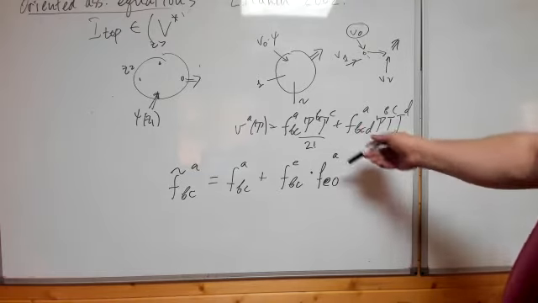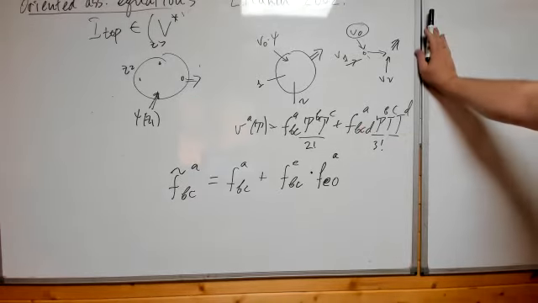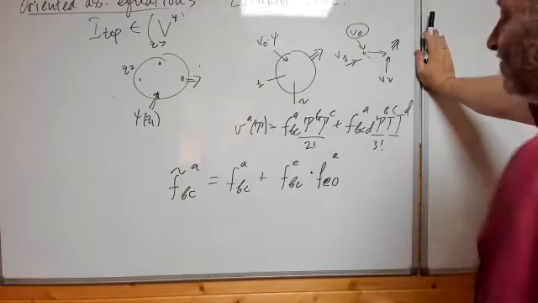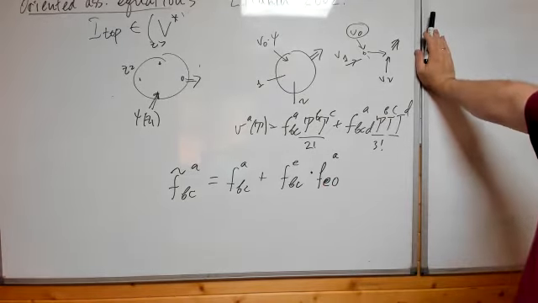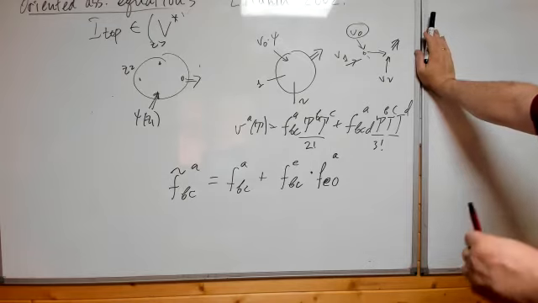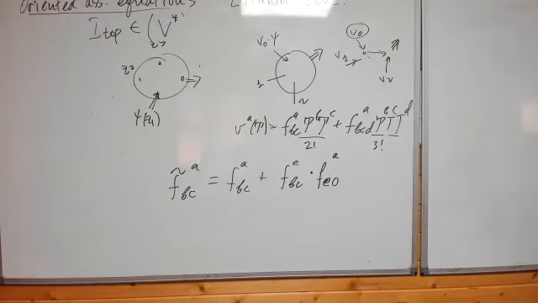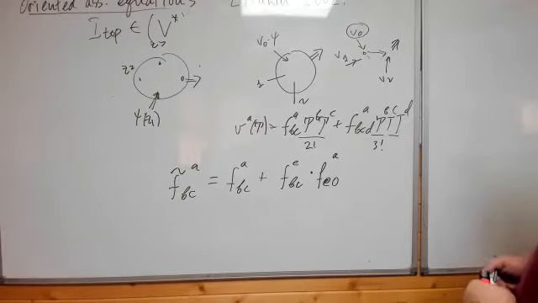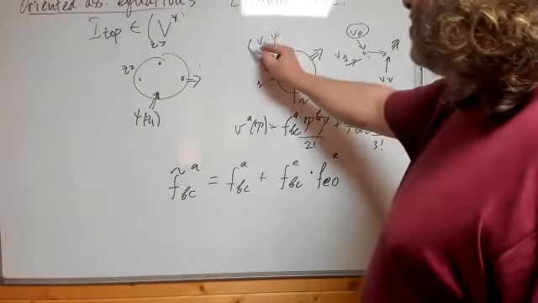So this is commutative, but is it obvious that it is associative? And of course I put here epsilon.